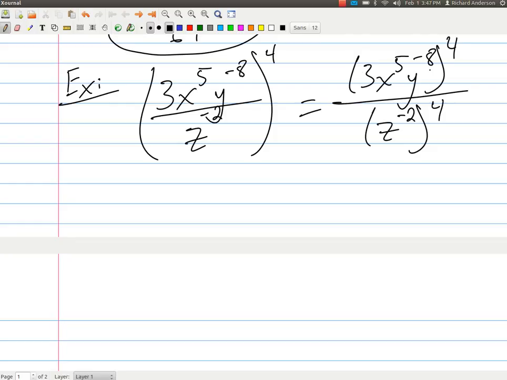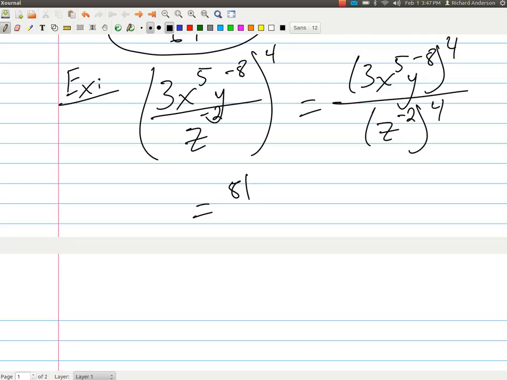Now it's a matter of just breaking down everything inside the parentheses and applying that exponent to everything in parentheses. We take the first factor here, 3, and raise it to this outside exponent, 3 to the 4th power, which is 3 times 3 times 3 times 3. 3 times 3 is 9, times 3 again would be 27, and times 3 one last time would be 81.